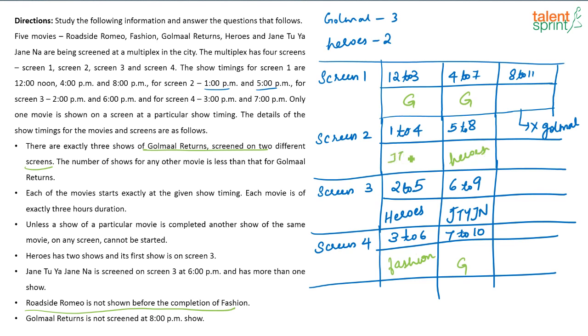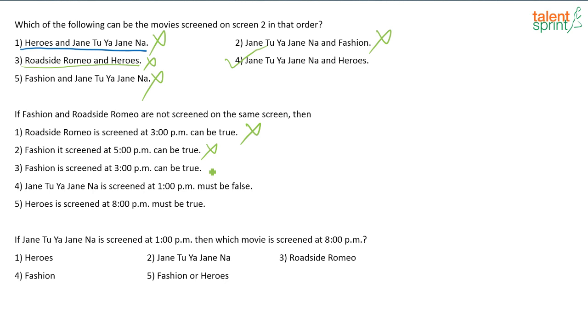Jane Tu Ya Jane Na can be here. And this can be Roadside Romeo, correct? Doesn't seem to violate any rule. So this can be true. So the answer that we are looking for has to be option 3, Fashion is screened at 3 p.m.